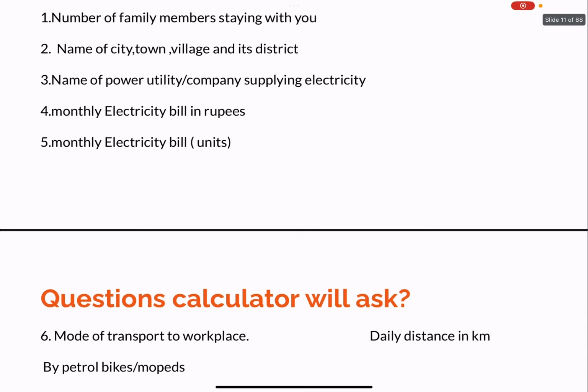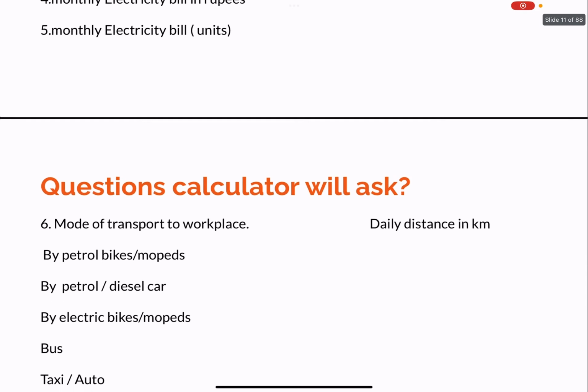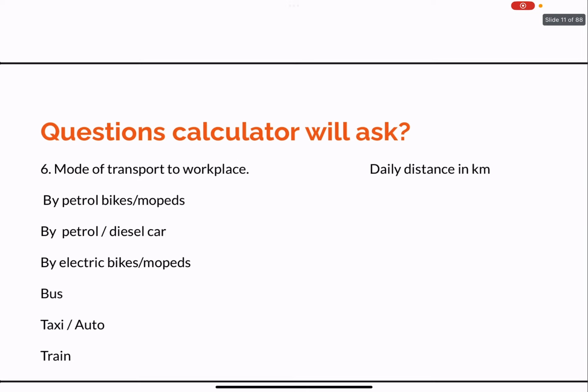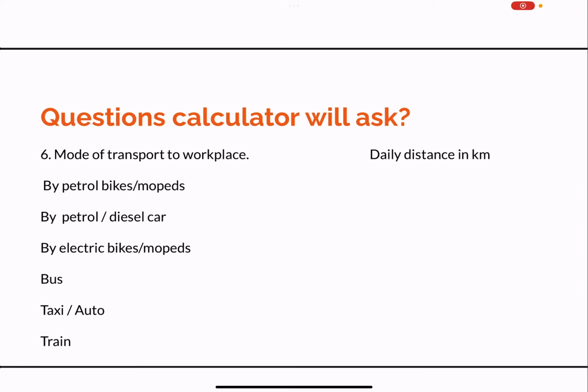Some other questions which are important are whether the individual travels to the workplace. If her travel is by car or by bike or by using some public transport bus, or whether she is taking a taxi or commuting by train.